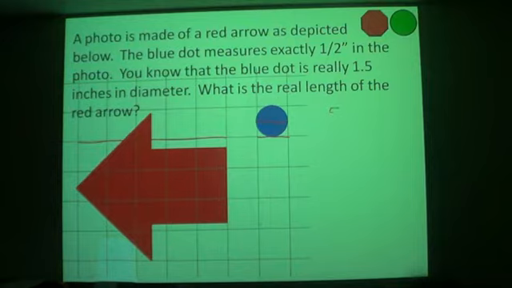So 5/2 is how much it shows up in the photo, and that's the same thing as 2.5. But you know that each one of these dots is really 1.5 inches, not 1/2 of an inch. What's the relationship from 1/2 inch to 1.5 inches? 3 times. So you multiply this times 3.